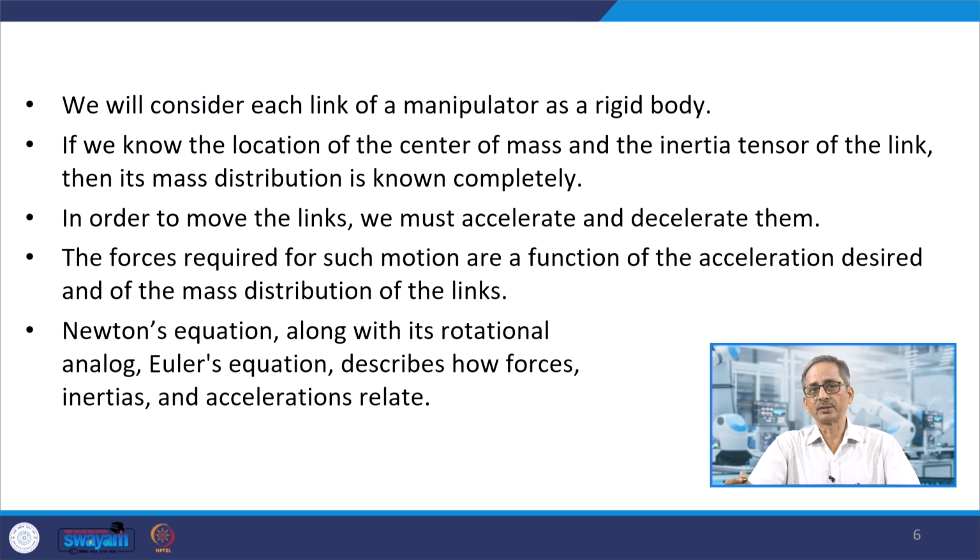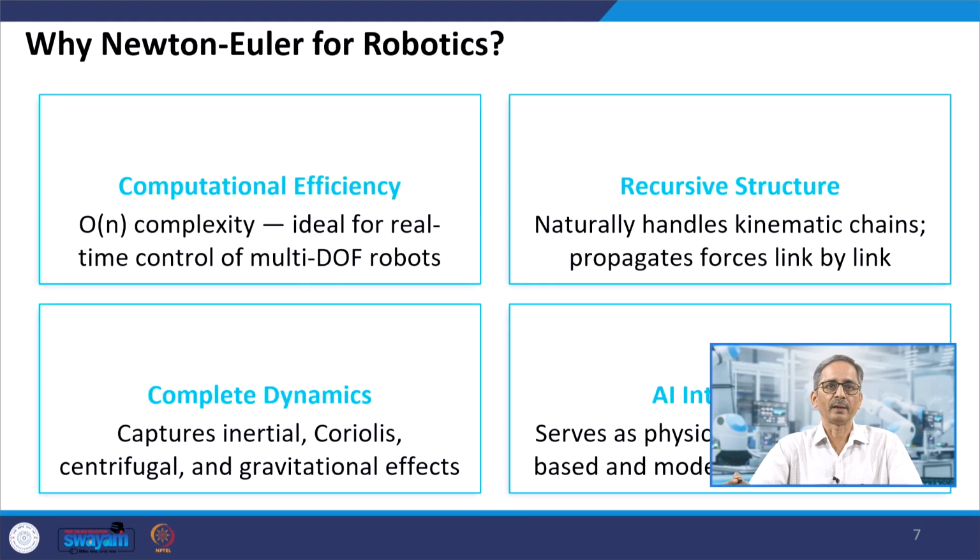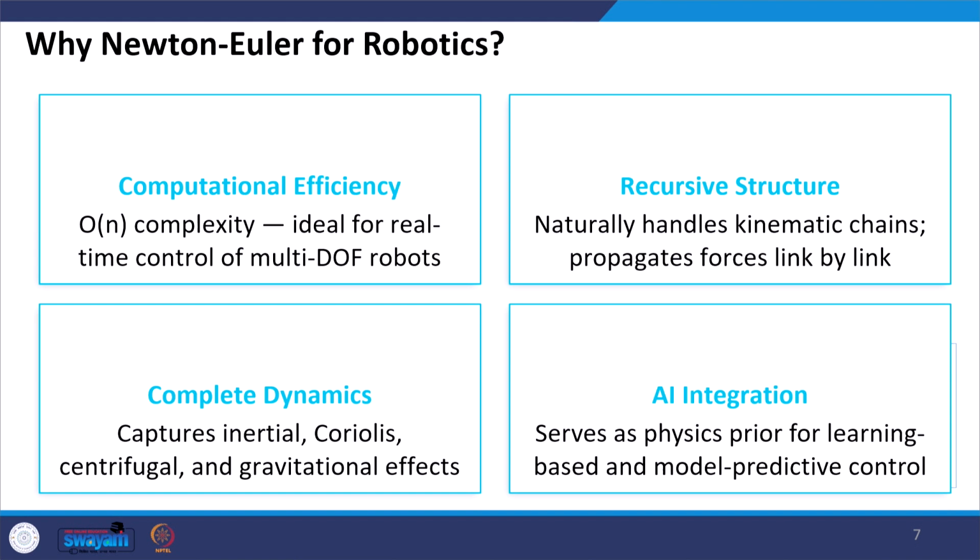Okay. So, the Newton equation basically describes the translational dynamics, and the Euler equation describes the rotational dynamics of the links. So, why do we study the Newton-Euler equation for robotics? Okay. So, it has got great computational efficiency. Okay.